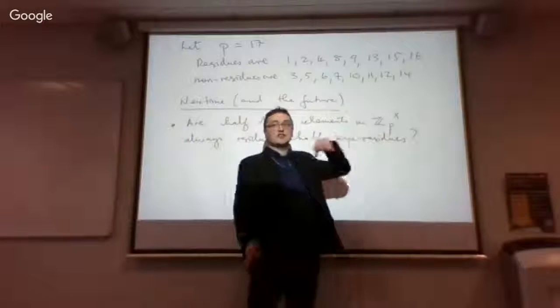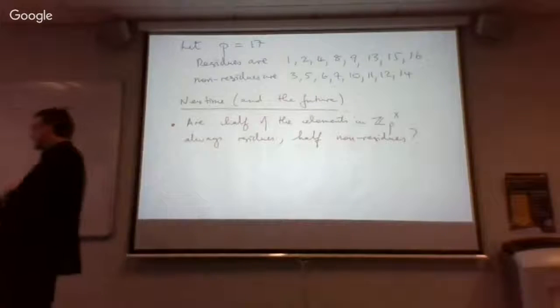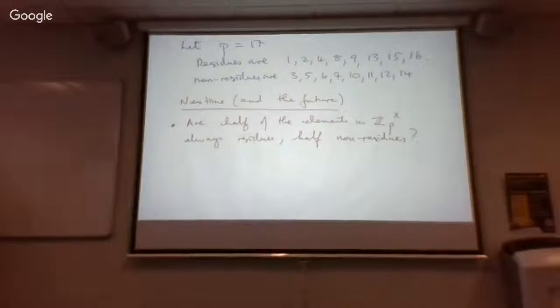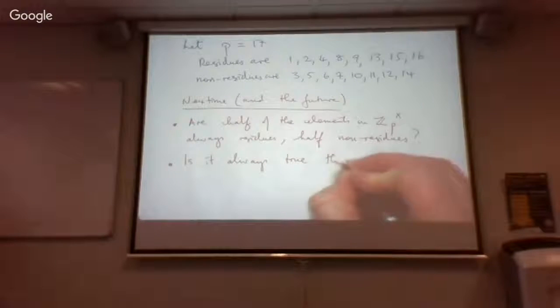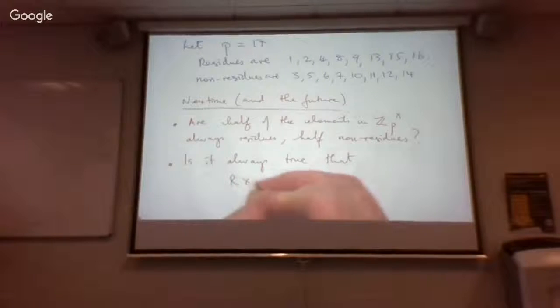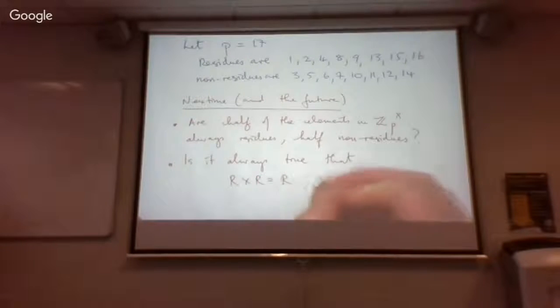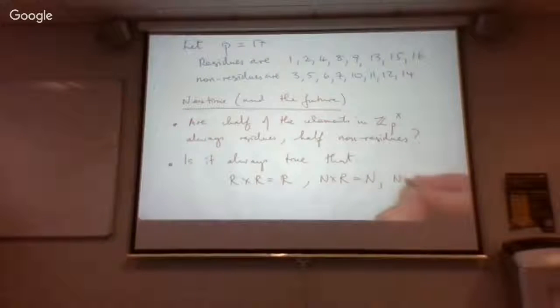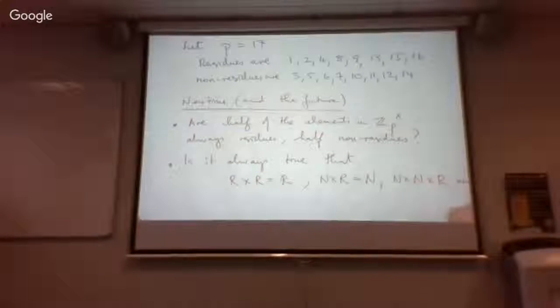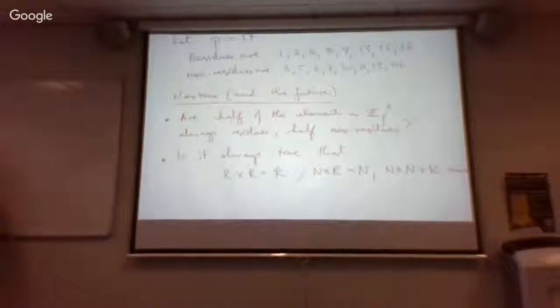The system Z_p is always made up of half residues and half non-residues. The other one is: is it always true that residue times residue equals residue, non-residue times residue equals non-residue, and non-residue times non-residue equals residue? Is that always true, modulo p?